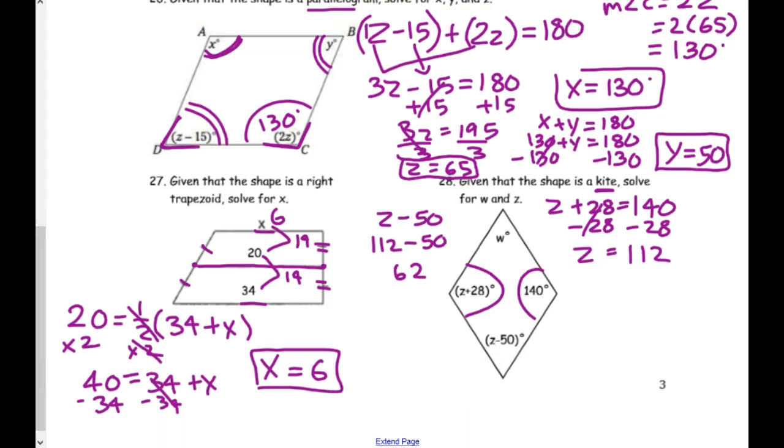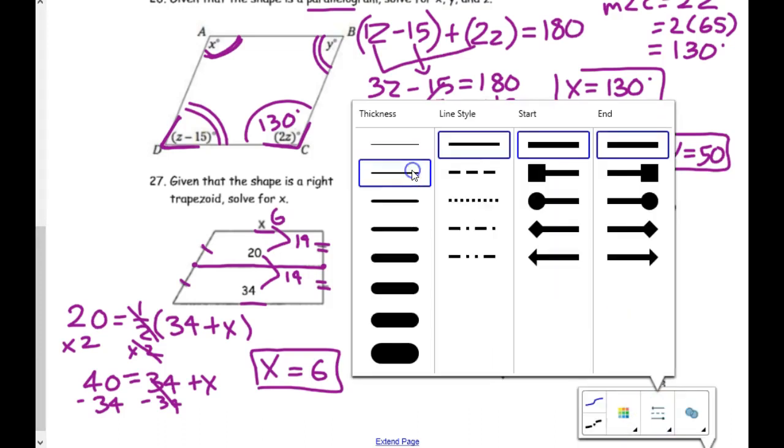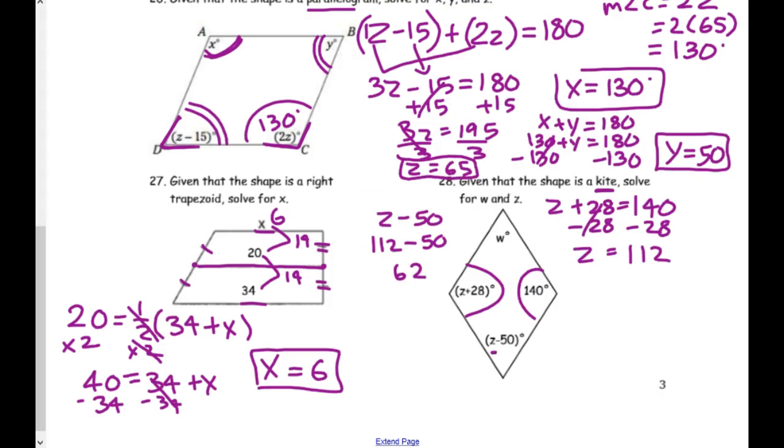So for this angle right here, I know it's going to be 62. So I got 140 here, I got 140 here, and I got 62 right here.